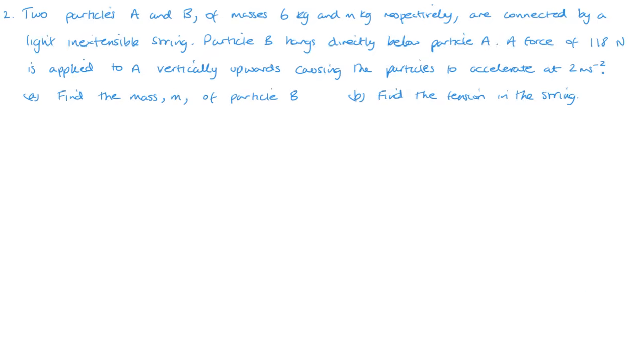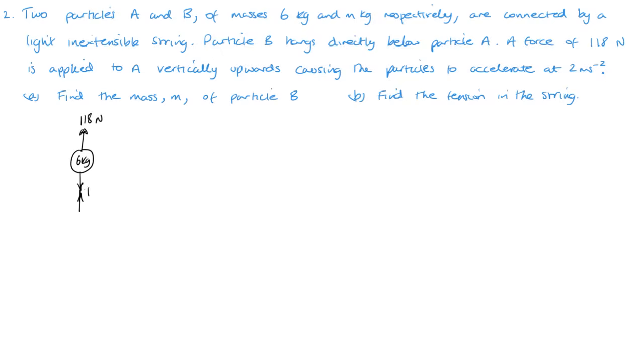Okay, similar question to number 1, but we're given the acceleration and we need to find one of the masses this time. So two particles, A and B, 6 and m, connected by a light inextensible string. So we've got 118 newtons on particle A, which is 6 kilograms.